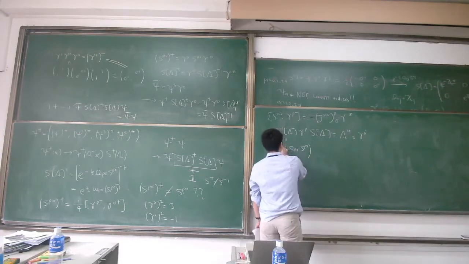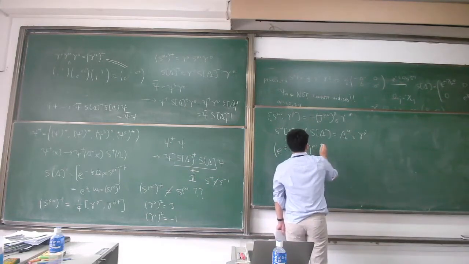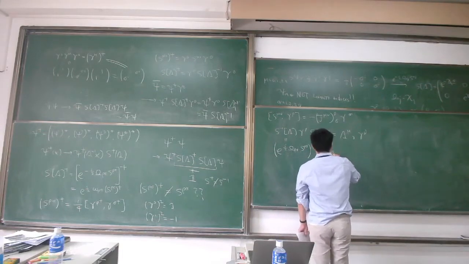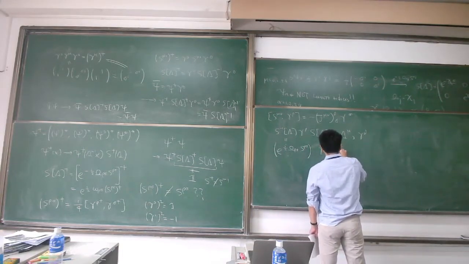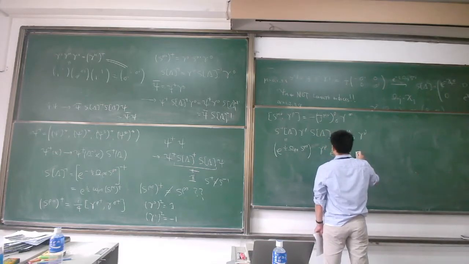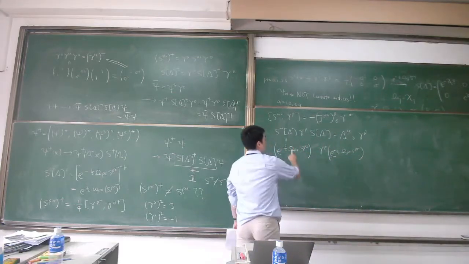So this is the case, and the gamma rho, and then here we take mu nu, and then gamma rho, and then e to the minus i over 2 omega rho sigma S rho sigma. This is the left hand side.